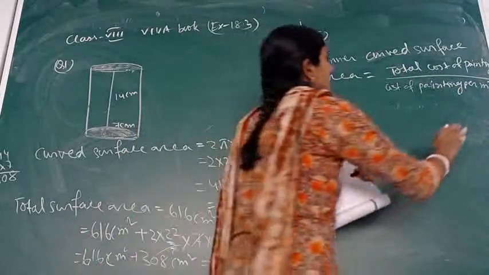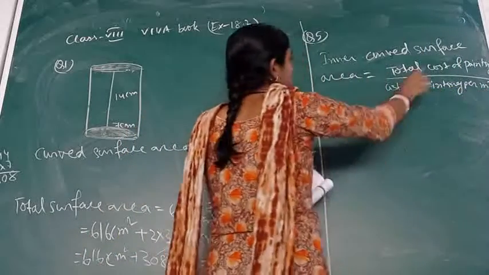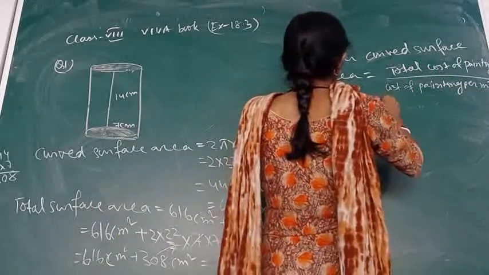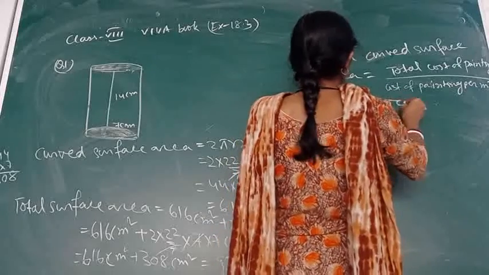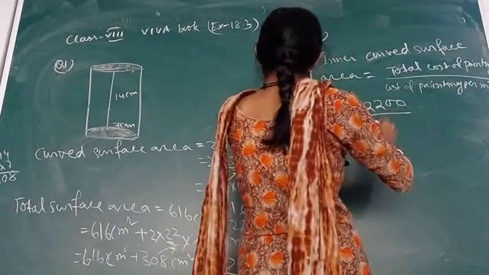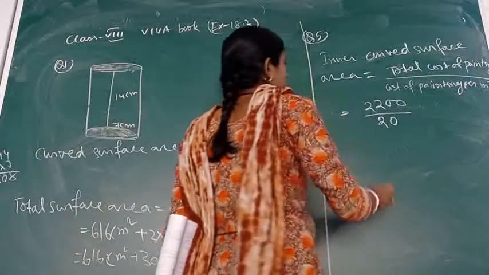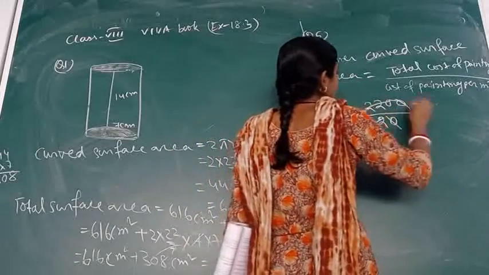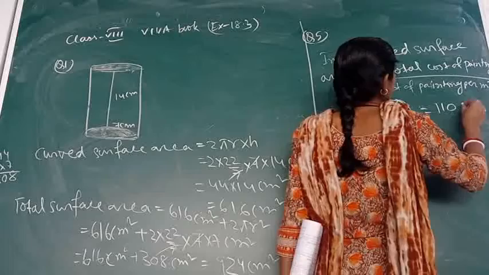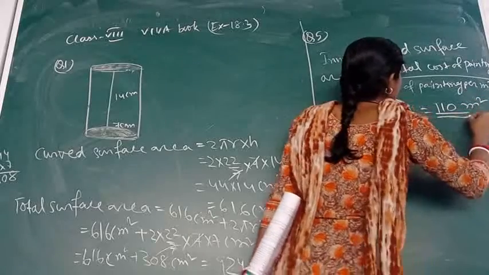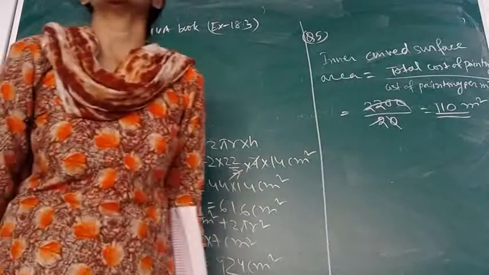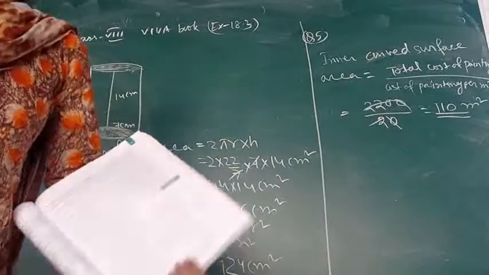Yes or no? Let's put the values for this. So total cost of painting given here is 2200 rupees, by cost of painting per meter square given, that is equal to rupees 20. So when we are cancelling these two, what we are getting is equal to 110. So that much meter square is the surface area of that cylindrical shape.